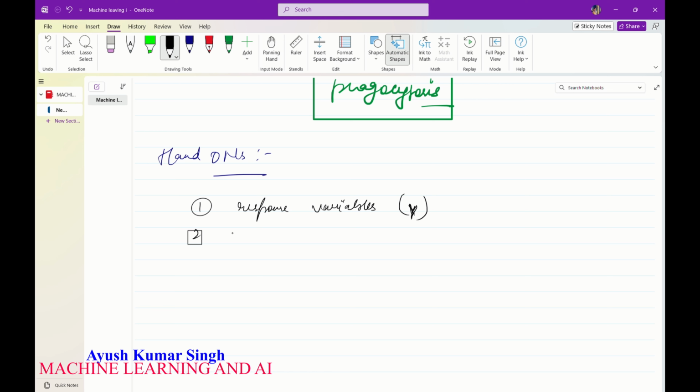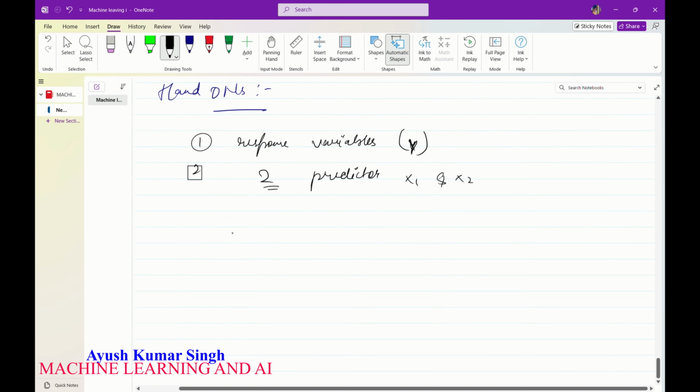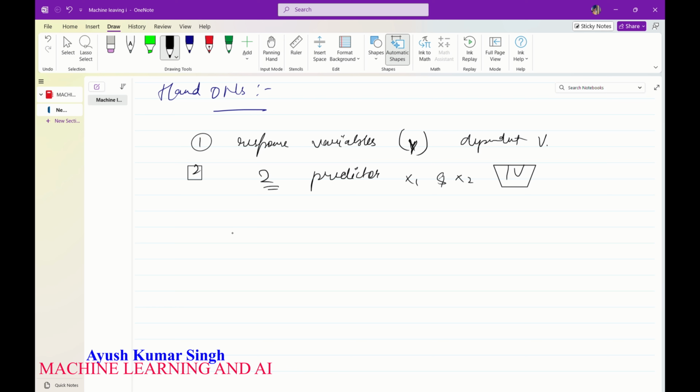Then we have two different predictors, and we'll name them x1 and x2. So step 1. Suppose y is your dependent variable, and these two are your independent variables. So how will you find the multiple regression in this case?